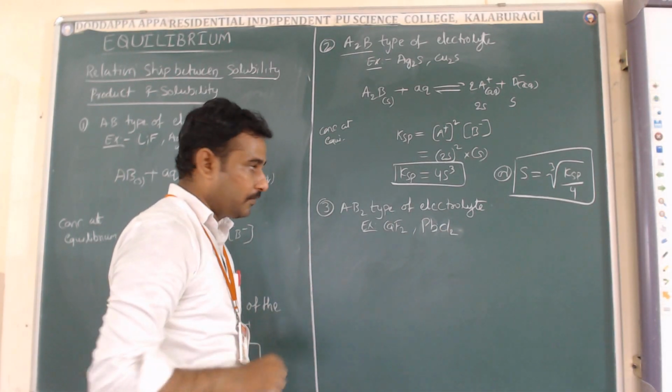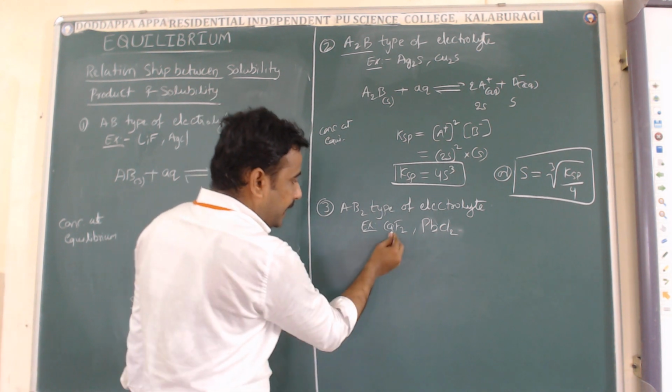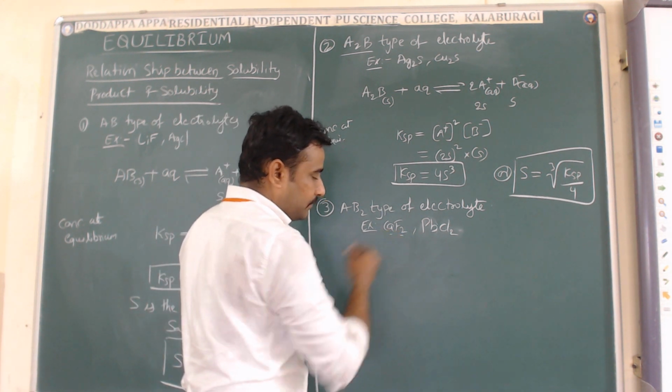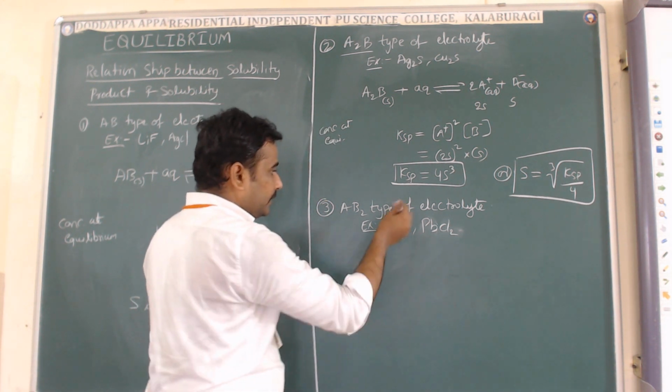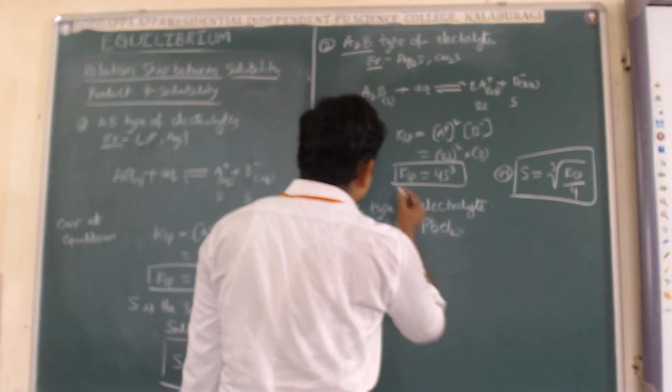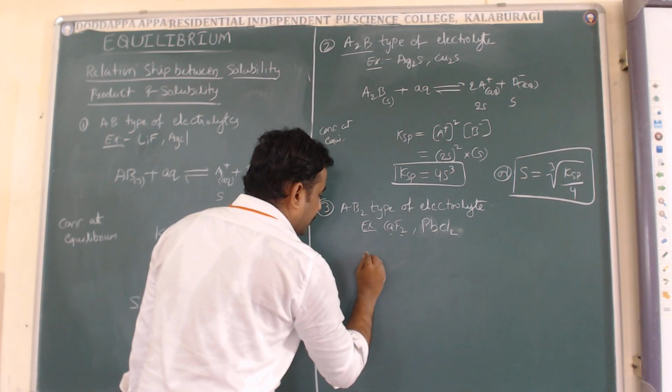These are examples of the AB2 type. A is the calcium, B is the fluorine here.